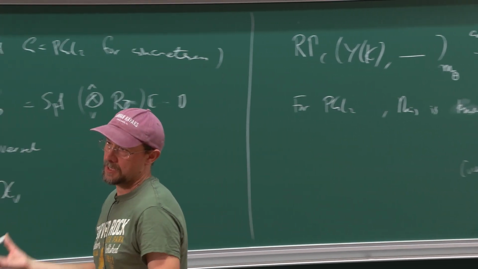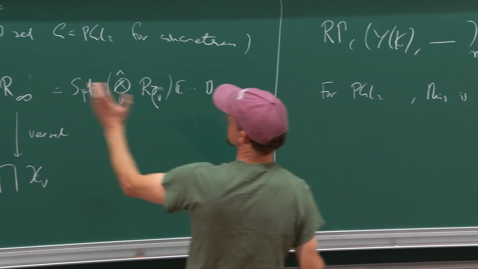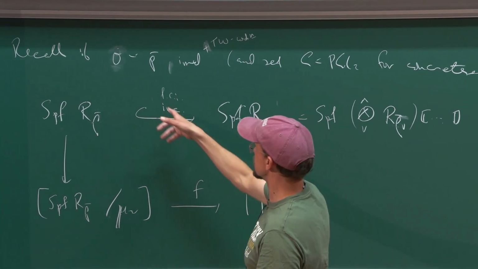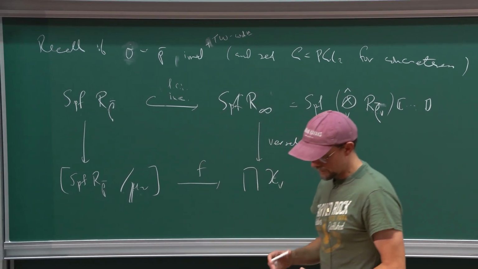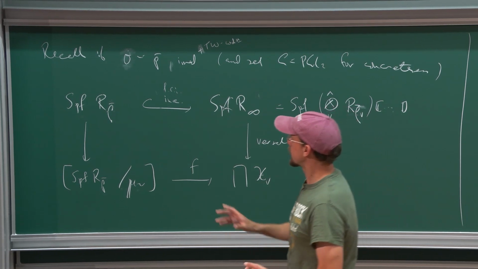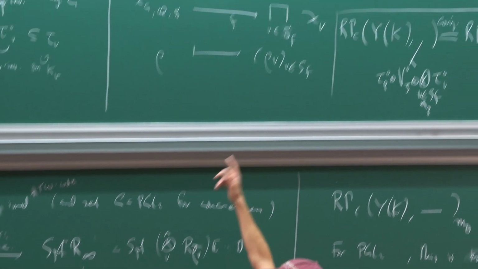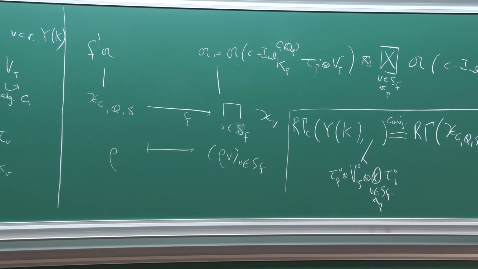In general, that's the kind of thing that happens in this local to global map. In Taylor-Wiles situations, or in more general situations studied by Böckle and Khare, very often one knows that this map F is a quasi-smooth morphism of derived stacks, so it's an LCI morphism.